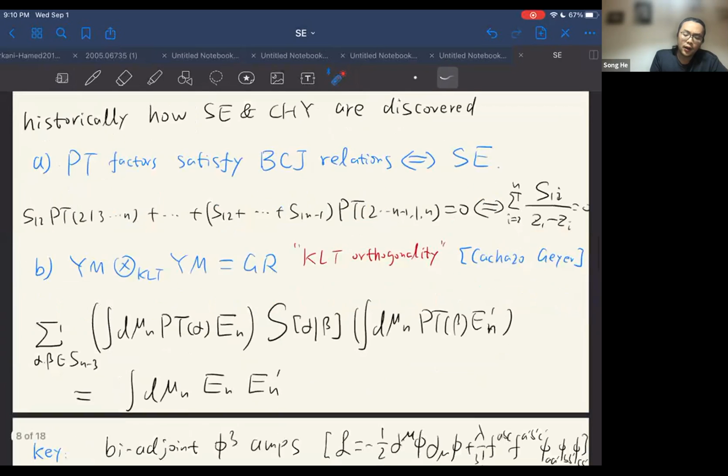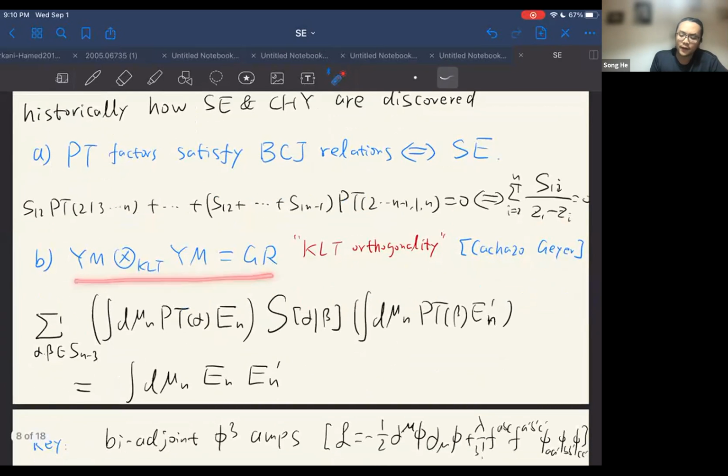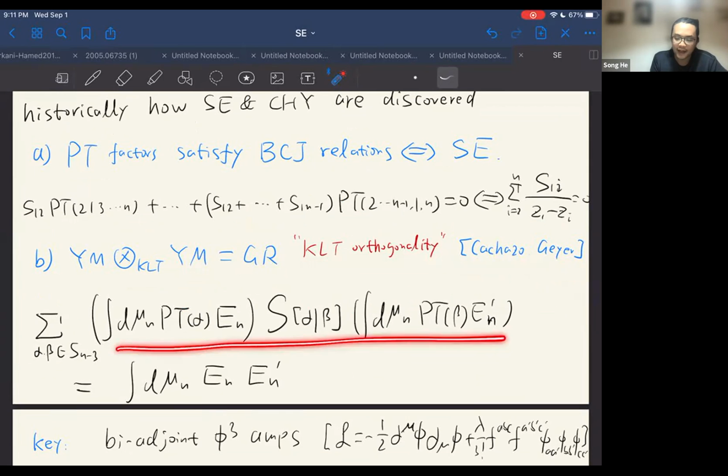And also already in 4 dimensions, there's the formula by Freddie and Yvonne taking the KLT product of two copies of the Yang-Mills formula. Each Yang-Mills formula is some twistor string formula, and that gives you a twistor string-like formula in gravity. And this requires some interesting property which you can prove using the scattering equation in general dimension.